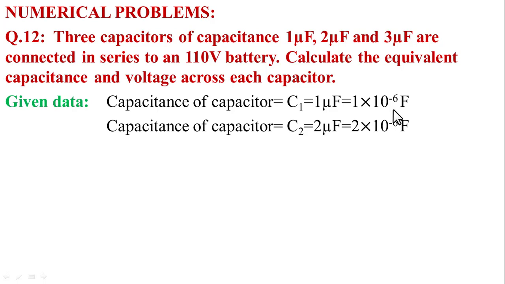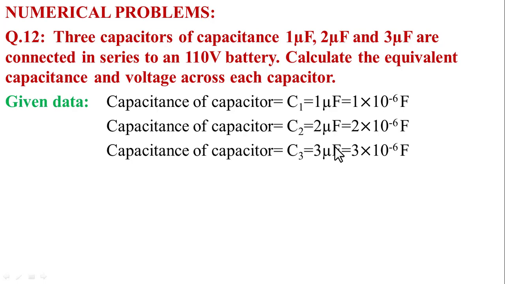Similarly, capacitance of the other capacitor C2 is equal to 2 microfarad, that is 2 multiplied by 10 raised to power minus 6. And capacitance of the next capacitor C3 is 3 microfarad, so 3 multiplied by 10 raised to power minus 6 F. Now the voltage of the battery V is equal to 110 volt.